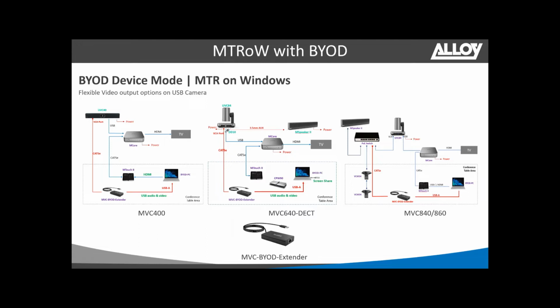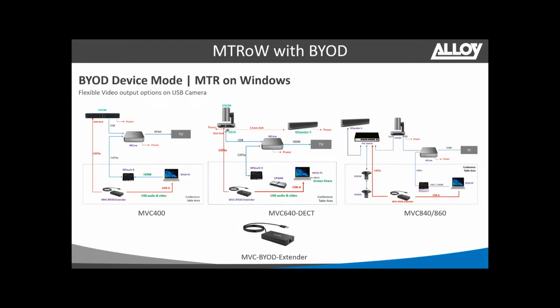You'll see from this diagram that we've got either an HDMI or a USB-C connection from the MTouch panel to the PC. That enables the content running on our PC to be pushed out to the TV at the front of the room.